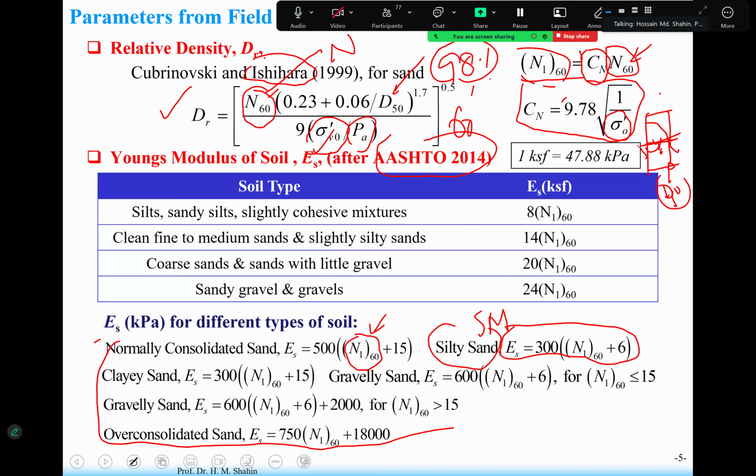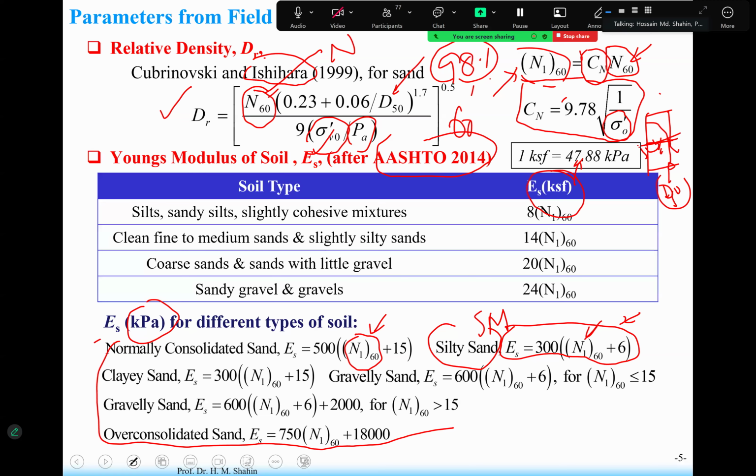What is the unit of this one? kPa. And this one is KSF. So you have to convert one KSF to kPa. Don't mix them up. This is also in terms of kPa. So 300 into N160. How to calculate N160? We can get it from here.